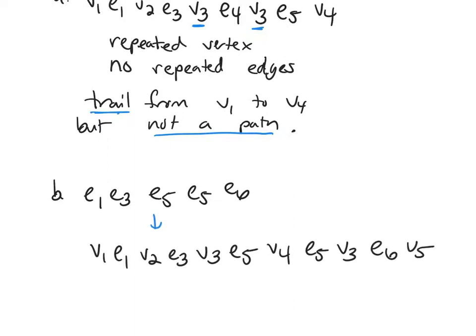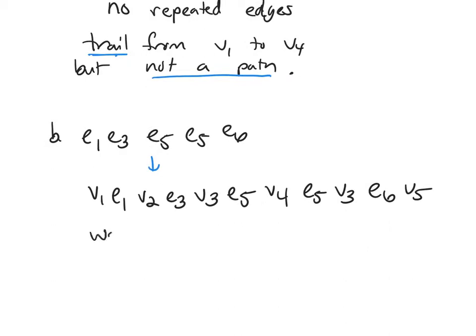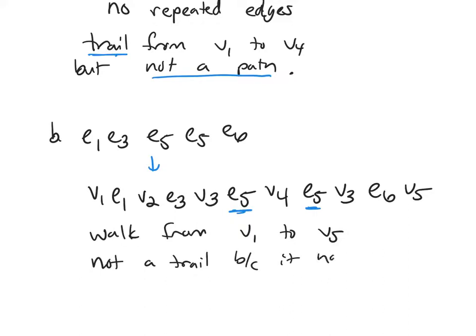So there's only one walk that this describes, and it's this one. So this is a walk from vertex 1 to vertex 5. And if you look, there is a repeated edge. So this is not a trail because it has a repeated edge.